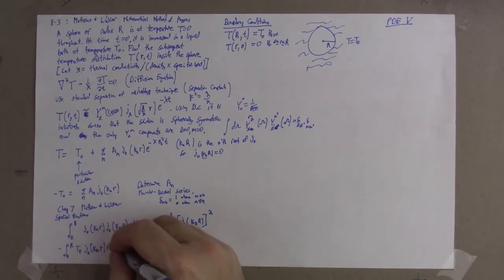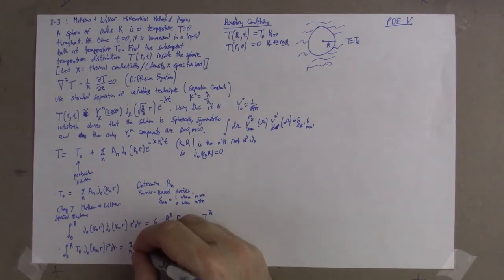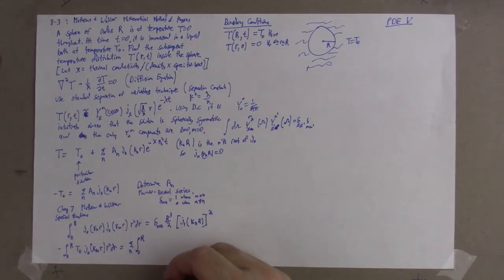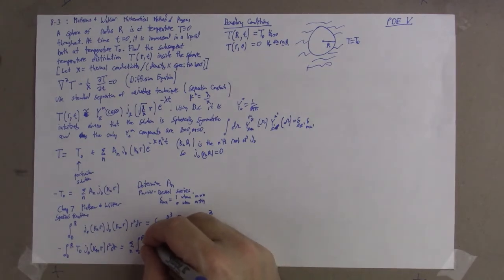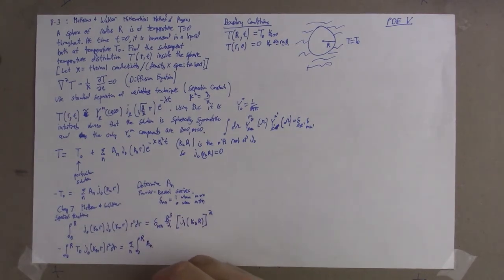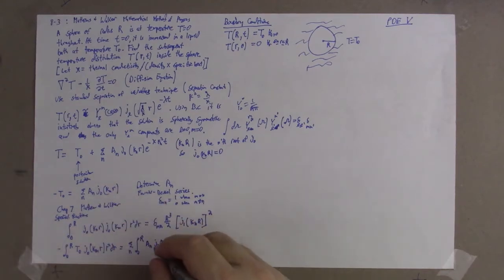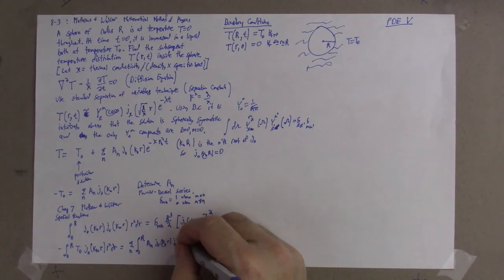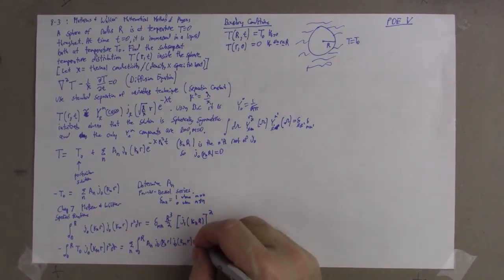R squared dr is equal to the sum over n, the integral from 0 to R of an J0 knr, that's just all these terms, which we multiplied by J0 kmr, r squared dr.